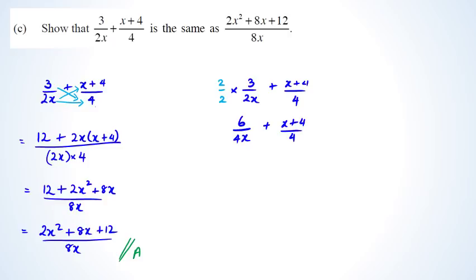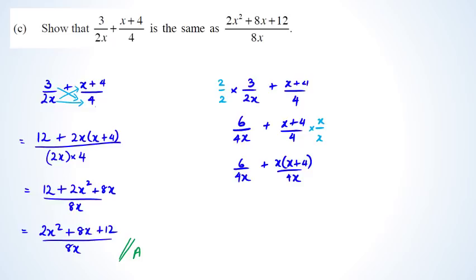Now, in the denominator I have an x, so in this denominator I also need an x. So the way I'm going to do it is multiply the denominator by x and the numerator by x. So what I end up with is 6 over 4x plus x times x plus 4 divided by 4x.